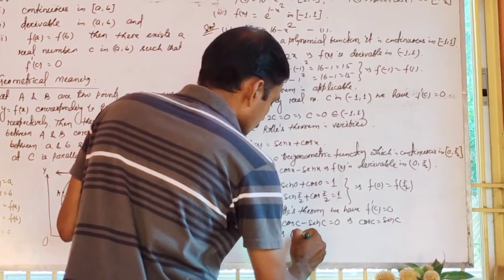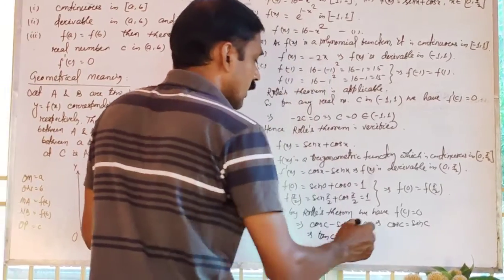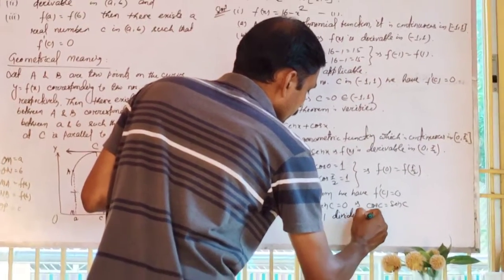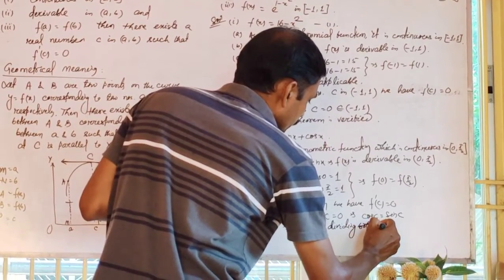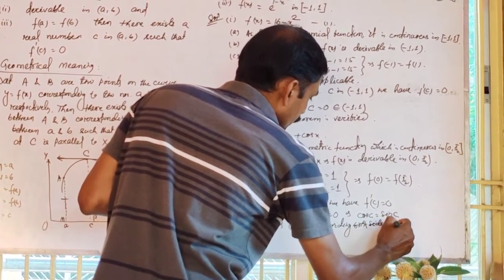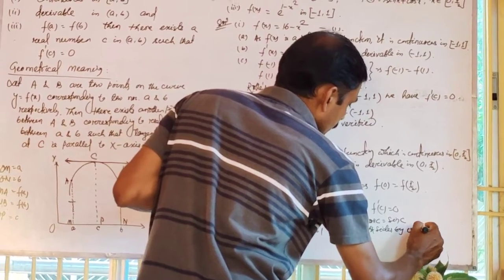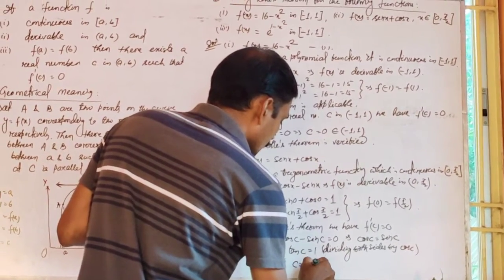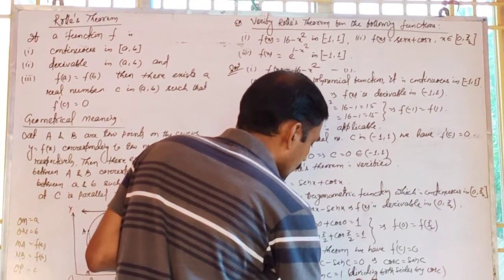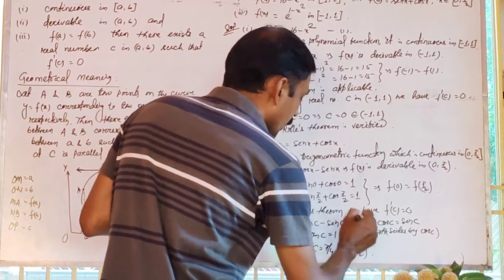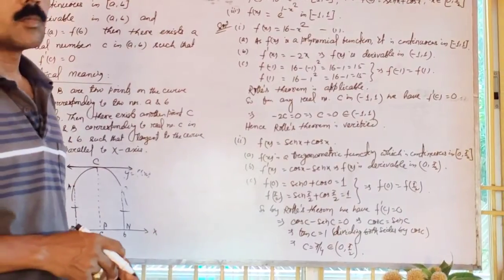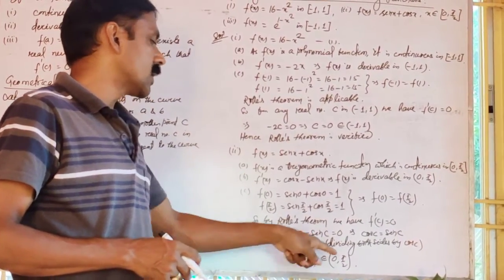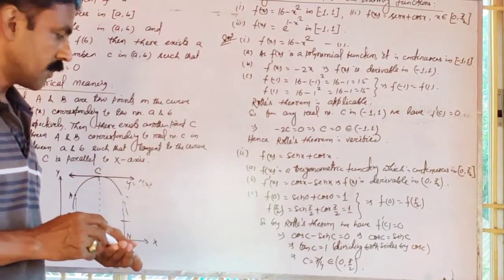This implies tan c equal to 1, as we are dividing both sides by cos c. This implies c equal to how much? Pi by 4. And pi by 4 lies in the open interval 0 to pi by 2. Again you will write, hence Rolle's theorem is verified for c equal to pi by 4.